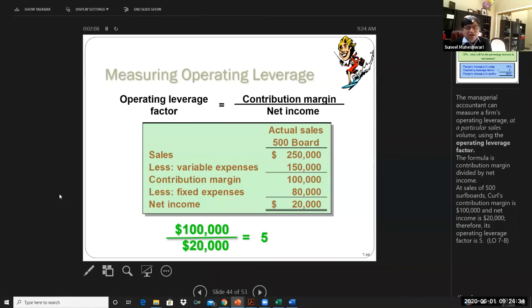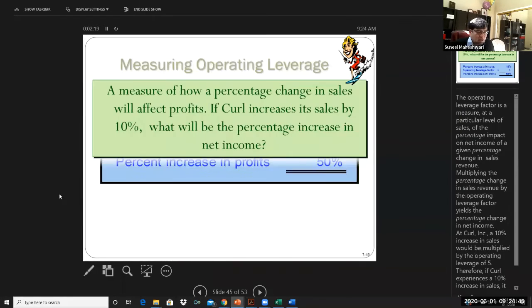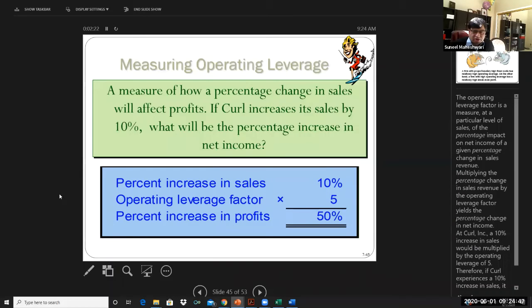But at the same time, when it is good times, you will make much more profit. Why? Because you have already met your fixed cost. And everything in the contribution margin adds to the net income. So a 10% increase in the sales will lead to a 50% increase in the profit if you are leveraged by 5. Same way, if you are leveraged by 6, it will be a 60% increase.